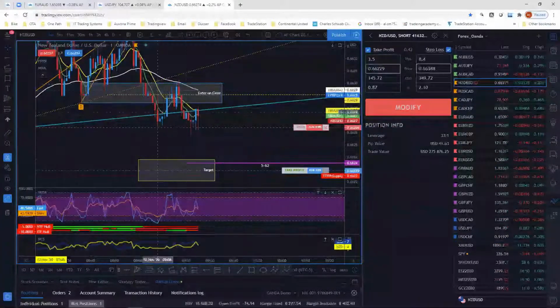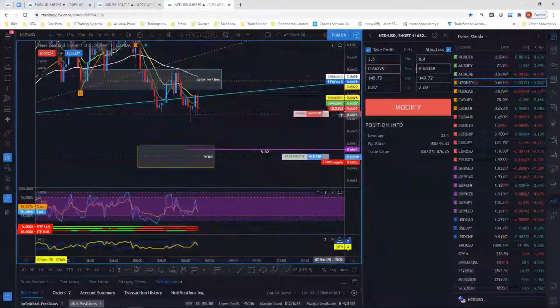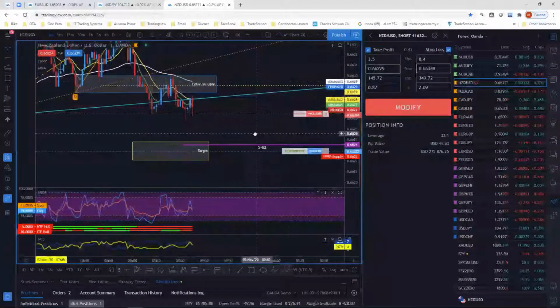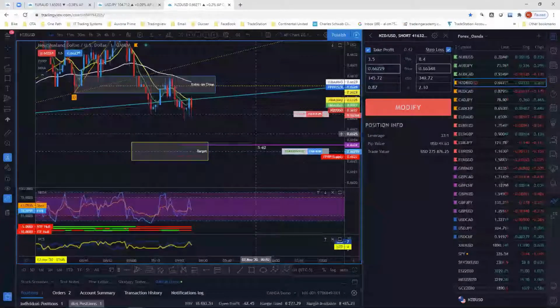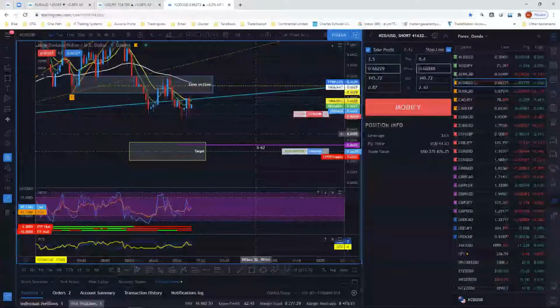Right now, it's still showing some weakness through here. It just doesn't want to confirm the breakdown. And the U.S. is still stronger than the NZ Kiwi.